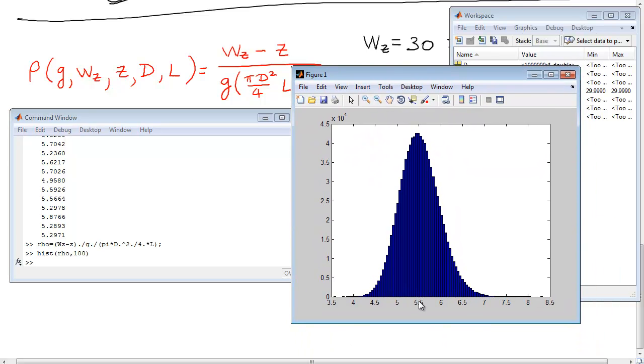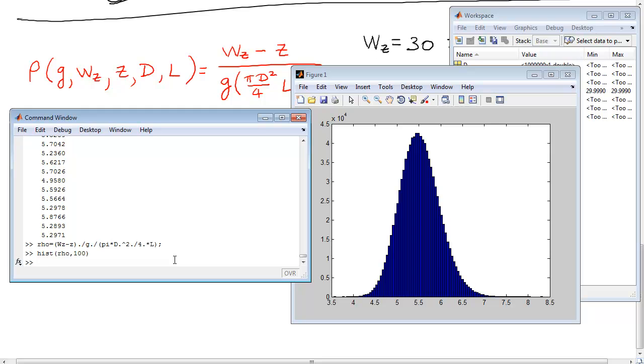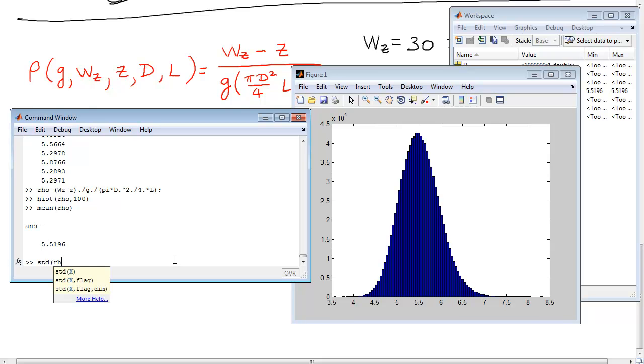You get about 5.5. Interesting. And there's a distribution associated with it. What's the mean of the distribution? 5.5196. What is the standard deviation of the distribution? 0.453.